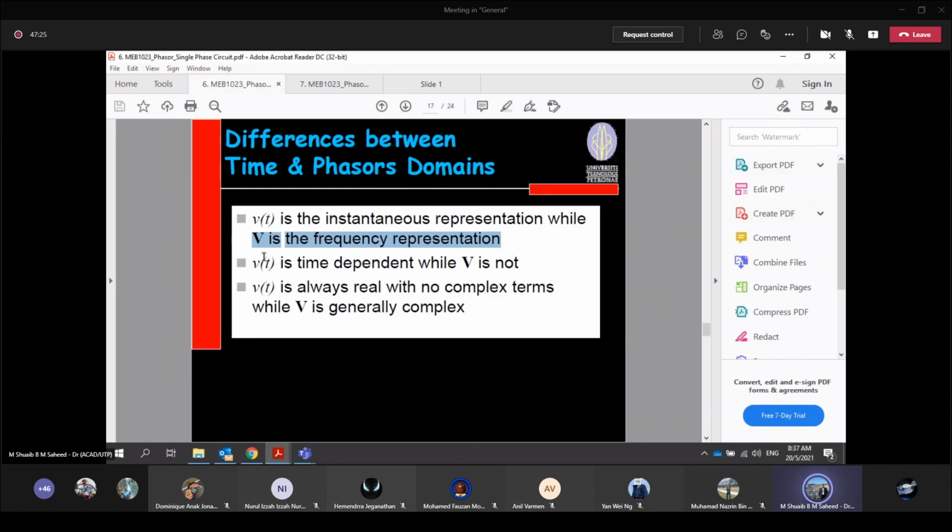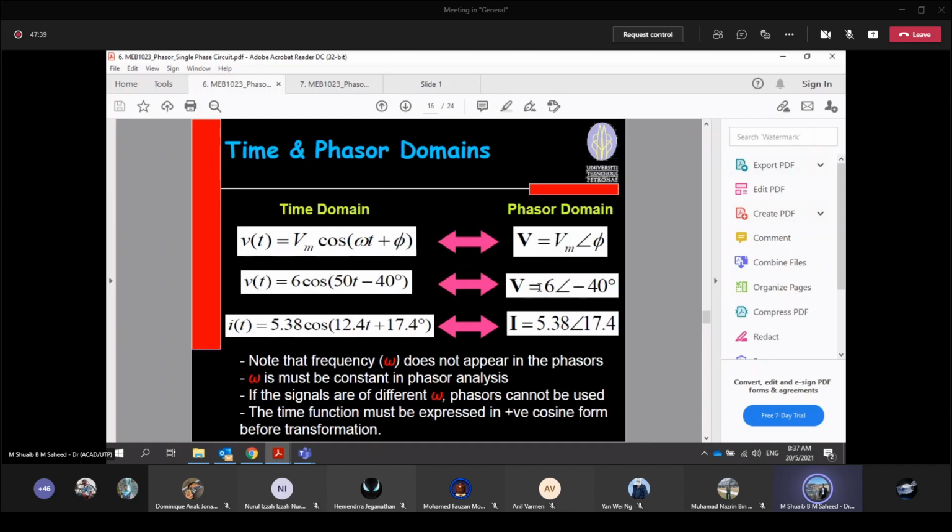V(t), the instantaneous voltage, is time dependent while V is not. V(t) is always real with no complex terms while V is generally complex. Why is it a complex value for phasors? Just look at this example, V equals 6, angle negative 40.